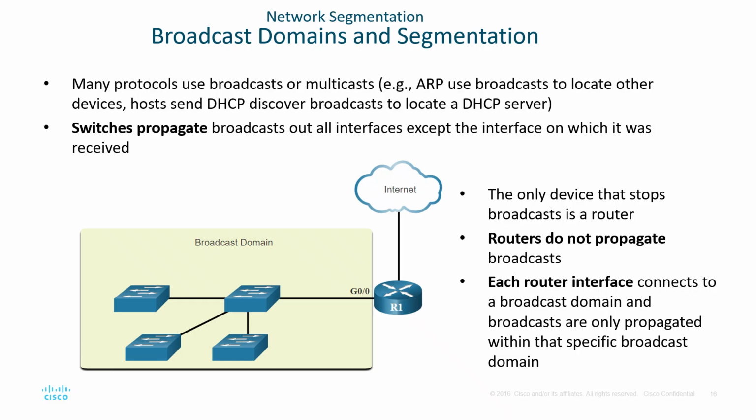So the only device that will stop a broadcast is a router. Routers do not propagate broadcasts. Each router interface is connected to a broadcast domain, and broadcasts are only propagated within that specific broadcast domain.